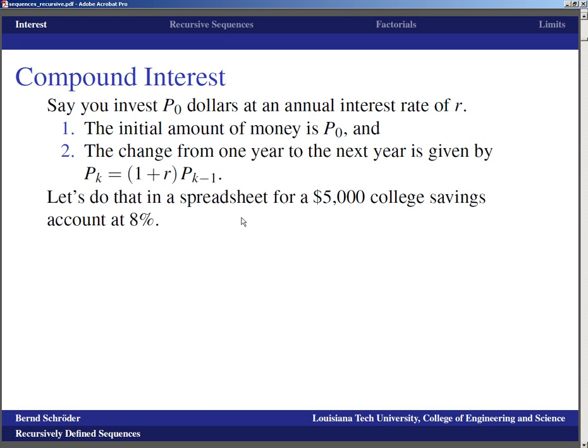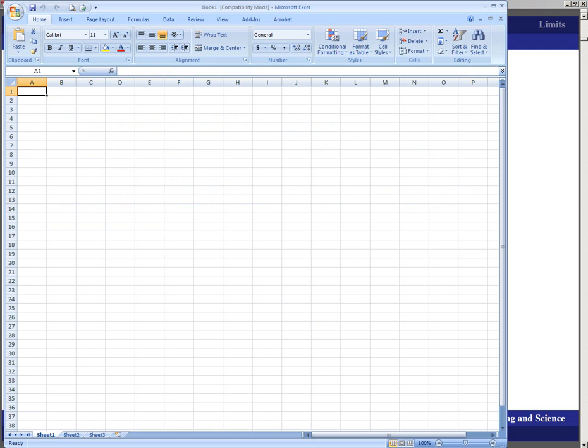And let's take a look at that in a spreadsheet for a $5,000 college savings account at 8% interest, which would be a wonderful interest rate indeed. This spreadsheet doesn't start at 0, so let's go ahead and start at 10. That way we know that whatever our row number minus 10 is, that's the number of years that has passed.